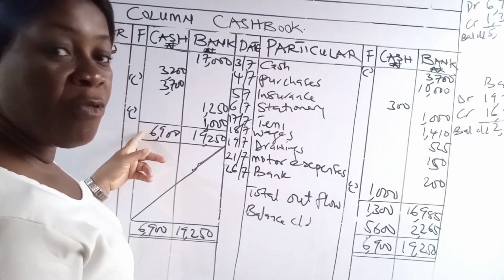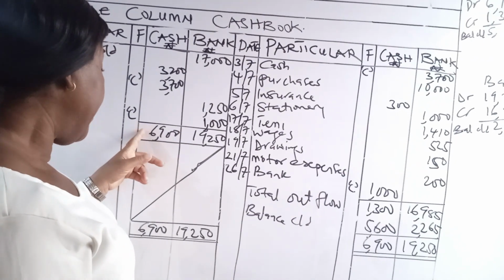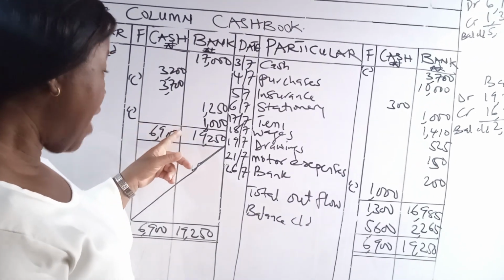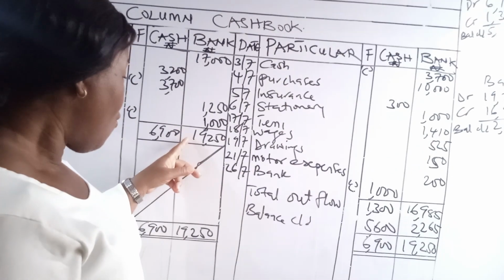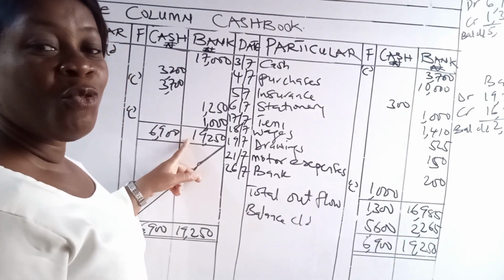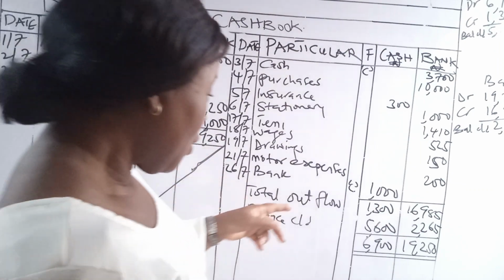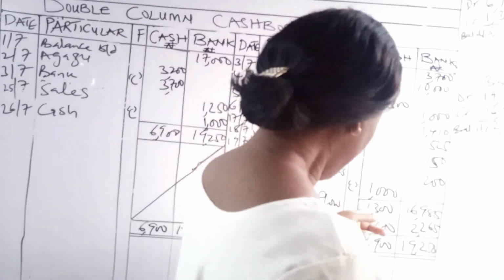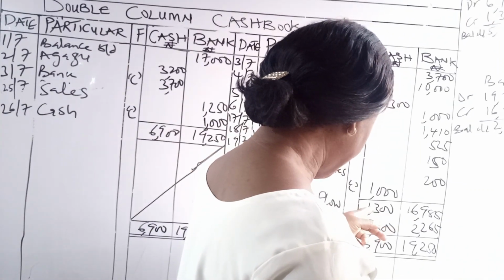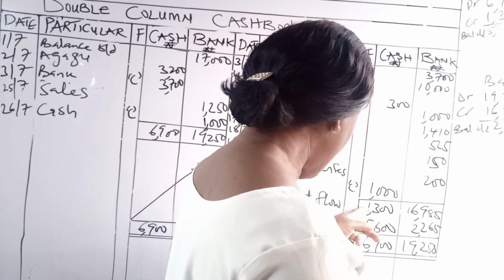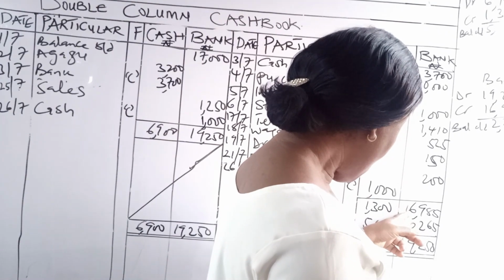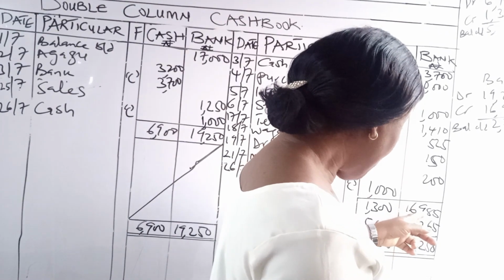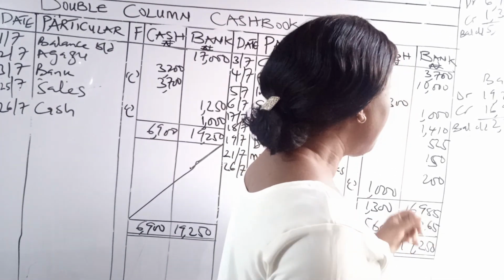From the amount of cash received was 6900, while the amount lodged deposited into the bank was 19,250 naira. But in the case of cash, the amount spent was 1,300 naira, and the amount withdrawn from the bank was 16,985 naira.